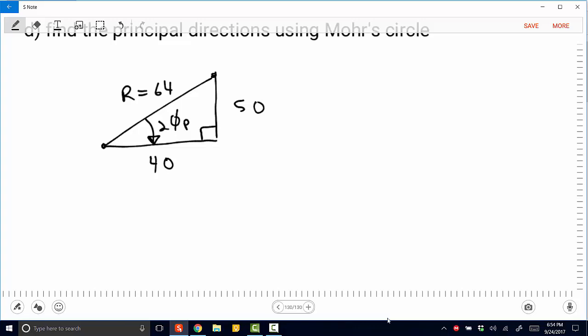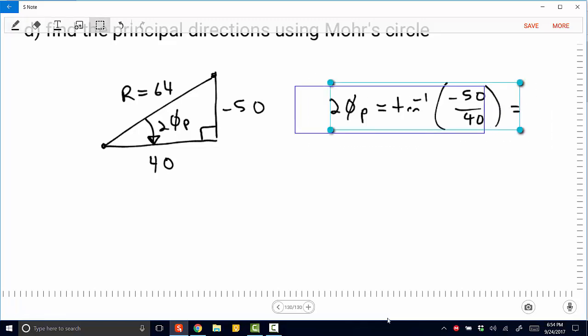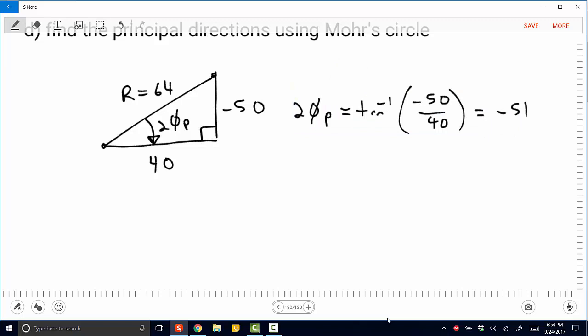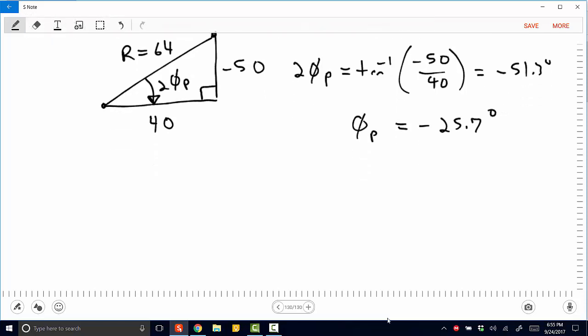And when we use trig, we'll find that same relationship that we originally started with, where 2 phi p is equal to the tan inverse of negative 50 over 40, which is equal to negative 51.3 degrees, such that our phi p is equal to negative 25.7 degrees, and that is associated with our phi p1.